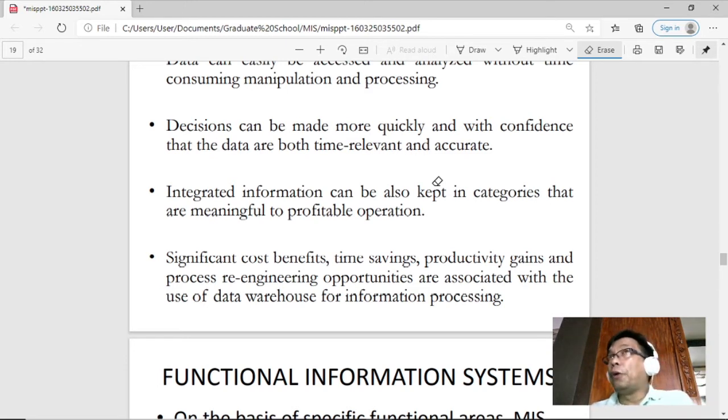Usually we store data coming from transactions, but data coming from transactions are usually designed to minimize redundancy so that we store only a little amount of data.